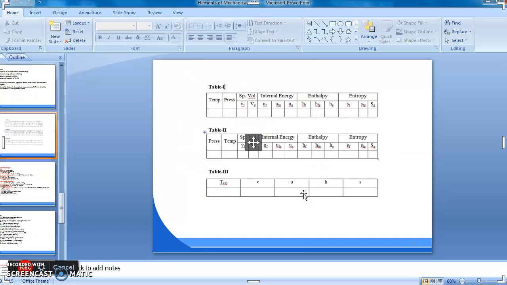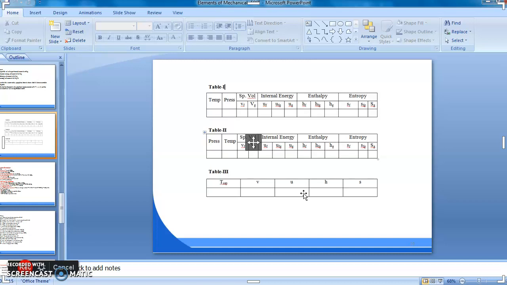You can see table 1, table 2, table 3. In table 1, temperature is first, and according to that temperature we get the pressure. Vf and Vg are the specific volumes in meter cube per kg. Vf is the specific volume of the water at its saturation temperature. Vg is the specific volume of the dry saturated steam at its saturation temperature.